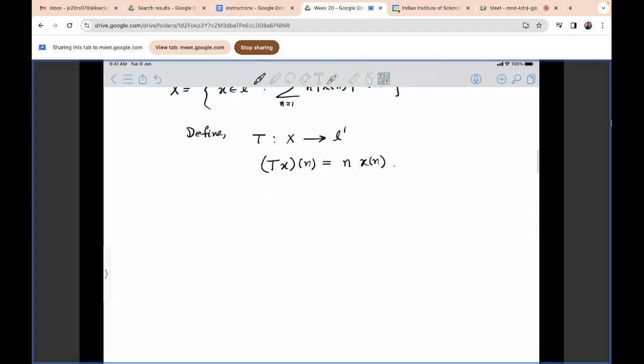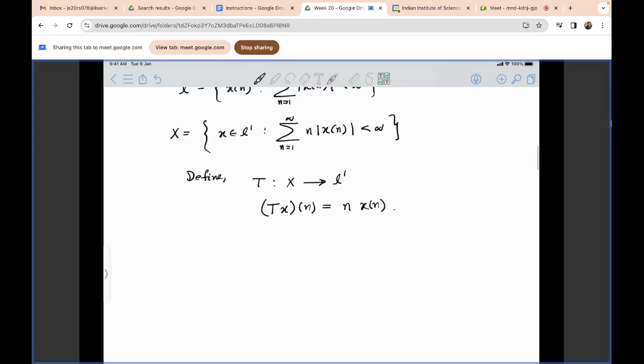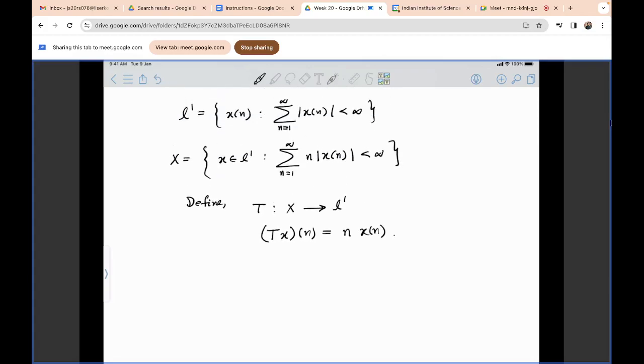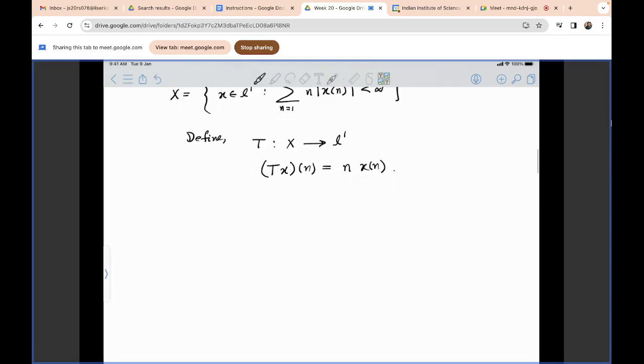So why? Take a sequence which at the nth point takes the value 1. If you plug it in T, it will give n, and the norm of this is n. So that can't happen. Let me write. T is not bounded.